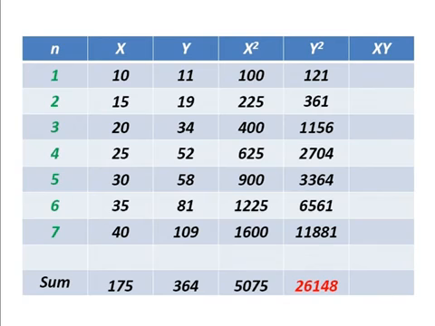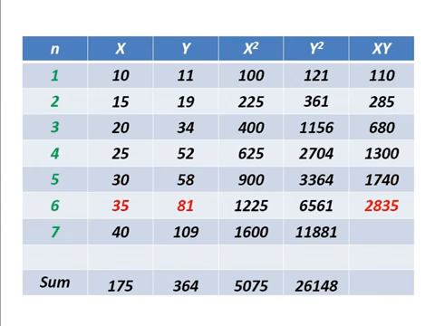Lastly, we're going to compute the xy column. In each case, we multiply the value of x by the value of y for that row. In the first case, we have 10 times 11, which is 110. The second case, 15 times 19, which is 285. 20 times 34 is 680. 25 times 52 is 1300. 30 times 58 is 1740. 35 times 81 is 2835.